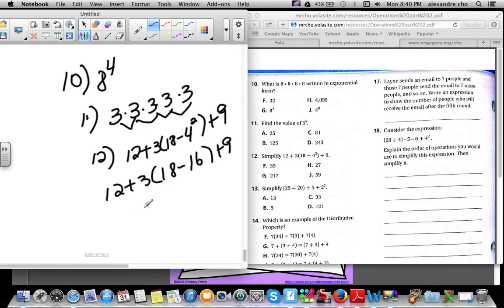So 12 plus 3 times 2, plus 9. Now I can do the multiplication. 3 times 2 is 6, so 12 plus 6 plus 9, and now it's just simple addition. 12 and 6 is 18, plus 9 should give you 27, letter H.